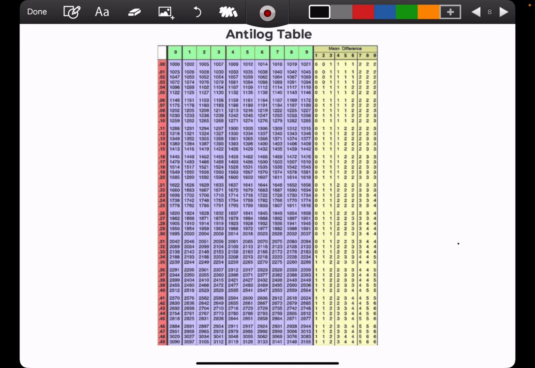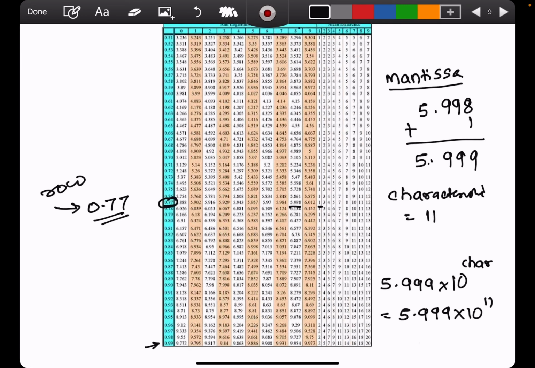Eighth is the column, and you get the term 5.998. The difference is 1, add the 2, and you will get 5.999.